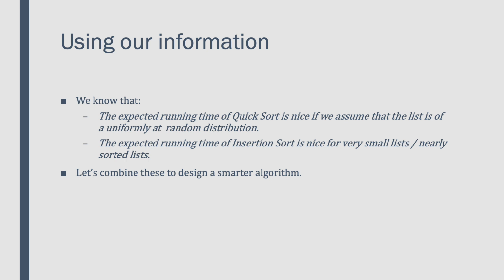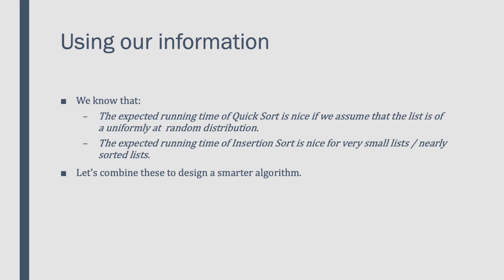Okay, now we know two key facts. First, quicksort performs exceptionally well with large data sets that have a uniformly random distribution. It is great for general purpose sorting due to its efficiency in average cases, and insertion sort shines when dealing with small data sets or nearly sorted lists.